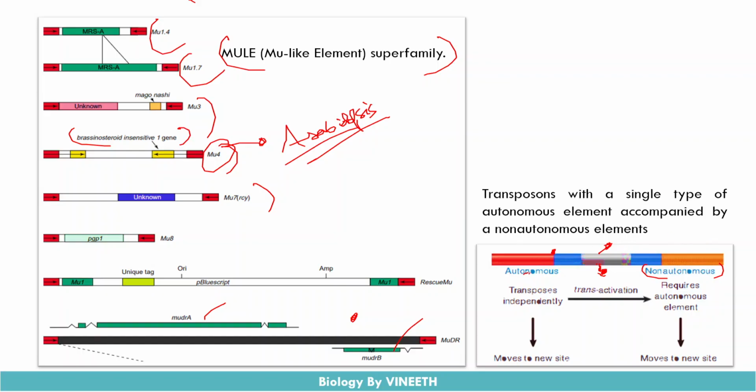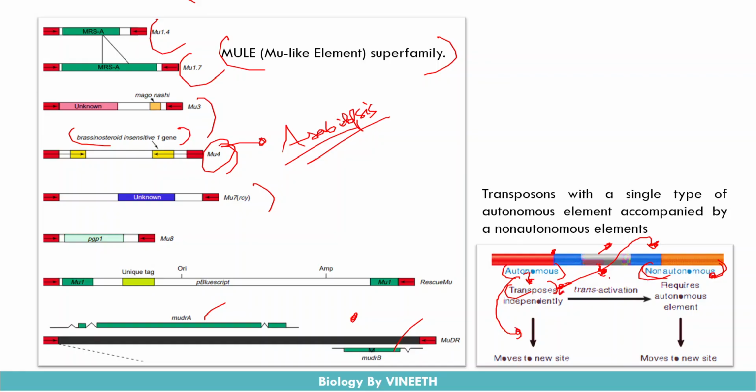When this autonomous transposon is transcribed, it produces the enzyme called transposase, which has the ability to move independently from one location to another. The transposase produced from the transcription of this autonomous element then acts on the non-autonomous element for its mobilization. If the non-autonomous element wants to get transposed into a different location, it requires the enzyme of this autonomous element.